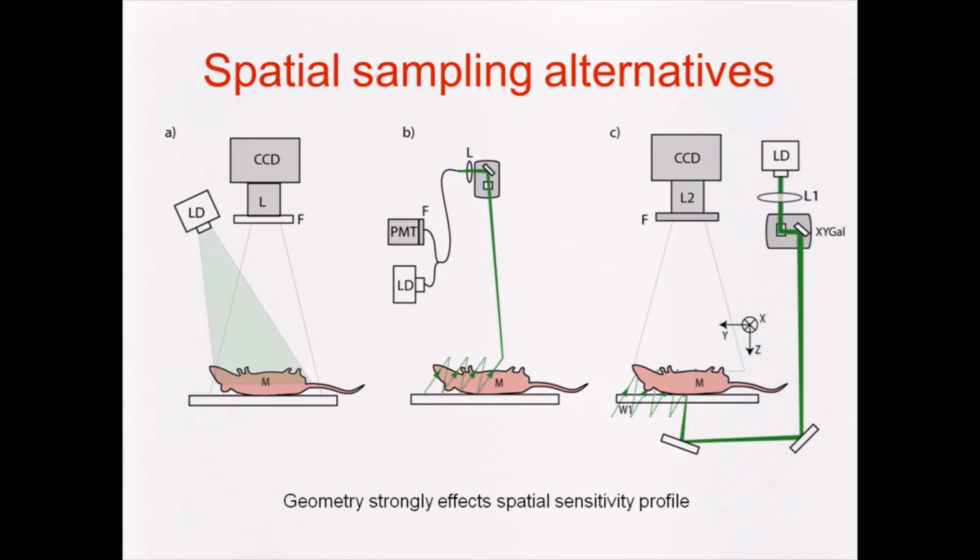One of the next questions to answer in designing an instrument is what type of spatial sampling you want to use. And this dramatically affects your ability to create images. So you can use simple geometry, again, just shine a light on a mouse and take a picture, or you can move to a slightly more flexible scenario where you've got a light source, which would be this laser diode, and a detector, a PMT here.